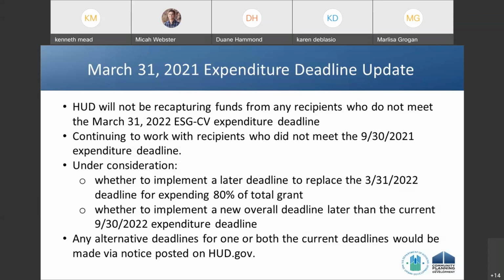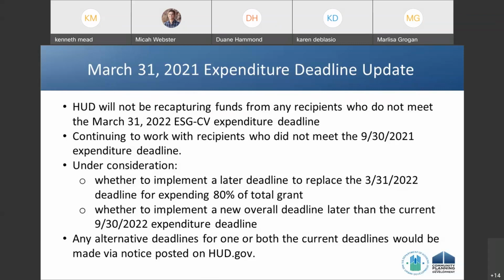We are also considering whether or not to implement a later deadline, which would be in place of the March 31st, 2022 deadline for expending 80%, as well as a potential new overall expenditure deadline in place of the September 30th, 2022 expenditure deadline.